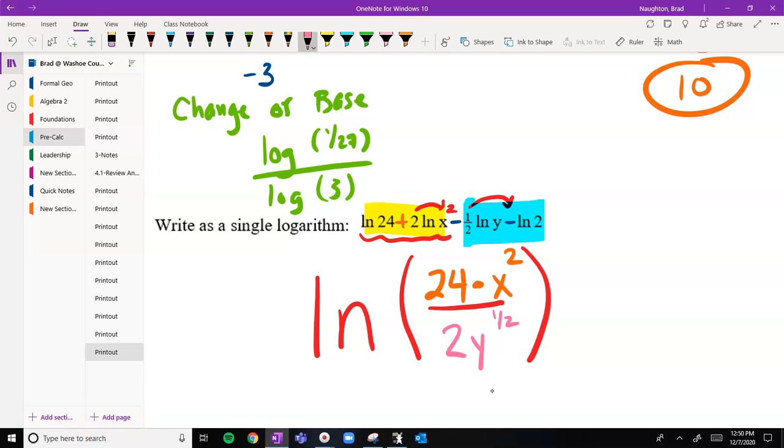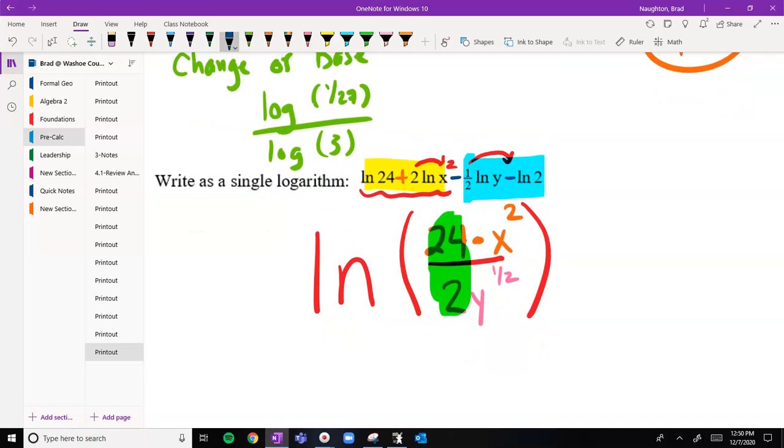And so, ladies and gentlemen, we're going to look at this and go, you know, there are some things we can do. We can reduce this just like any old fraction. So we see right here that 2 goes into 24. So that means our answer is ln of 12x squared.